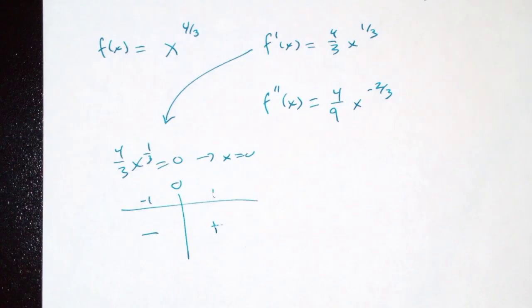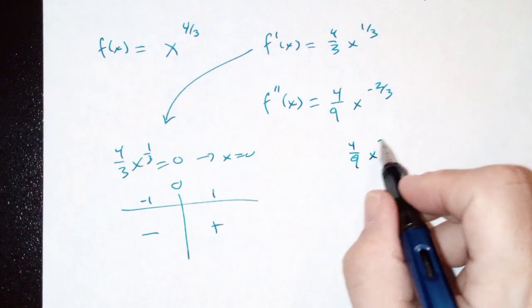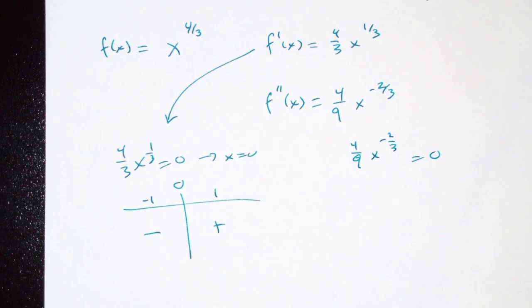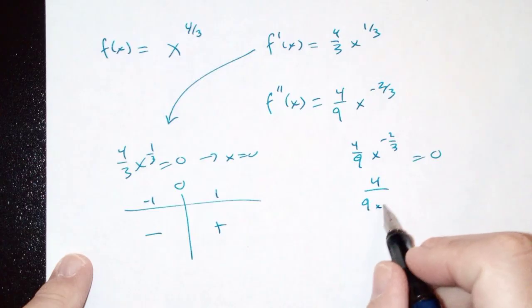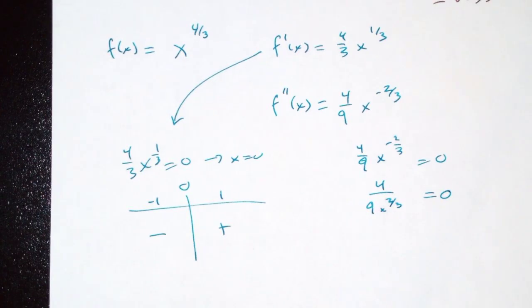I know what's going on. But when I go to do the second derivative, oh crap. Remember that negative power means that goes in the bottom. And a fraction is only equal to 0 where the top is 0. I don't have any places where my derivative is 0.